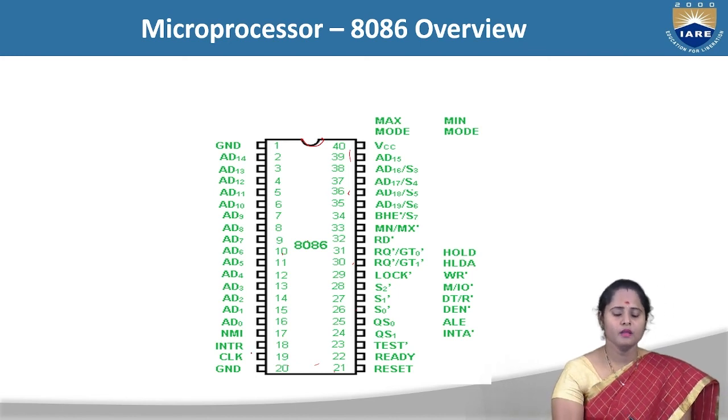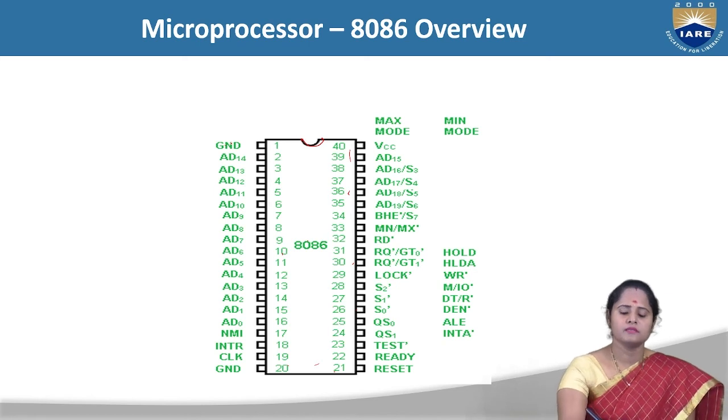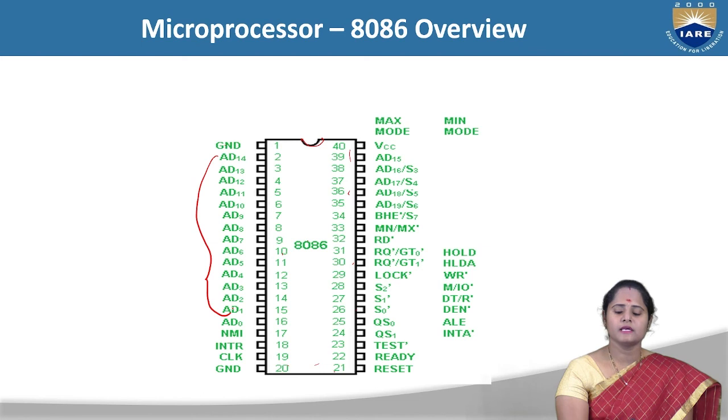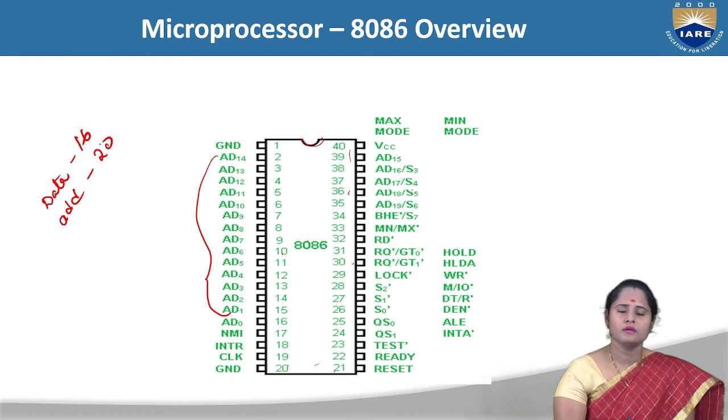Here, the first pin is ground, and then you have multiplexed address lines and data lines. How many data lines do you have? You have 16 data lines and 20 address lines, right?